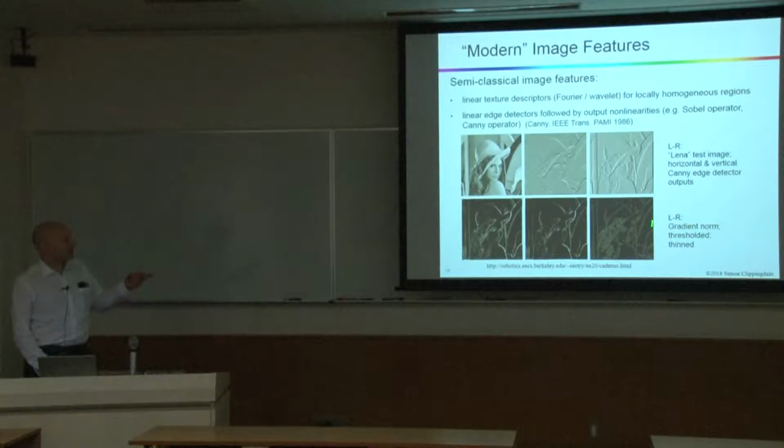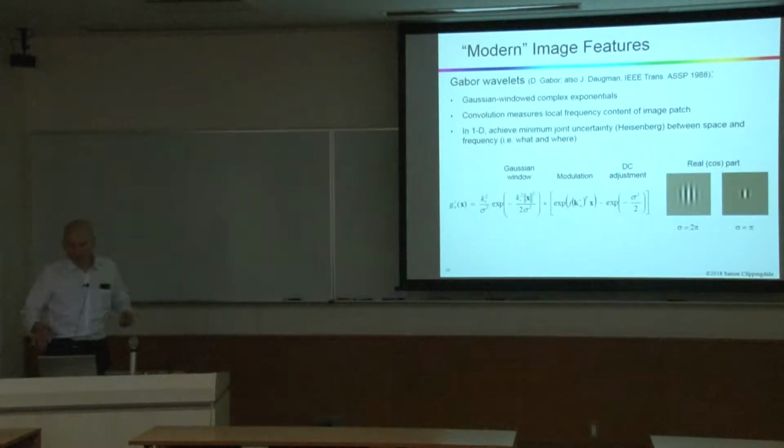And this is the kind of descriptor that you can extract with linear edge detectors, or they're linear in the first instance anyway. Gabor wavelets are another fairly commonly used feature. The elastic bunch graph matching system that I talked about a few slides ago, where you stick a net onto people's faces effectively, used these features.